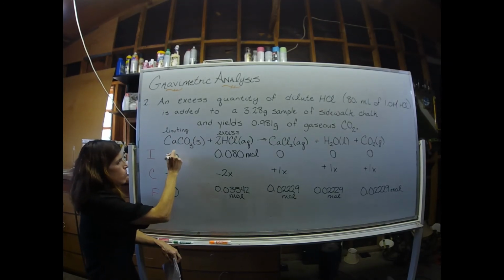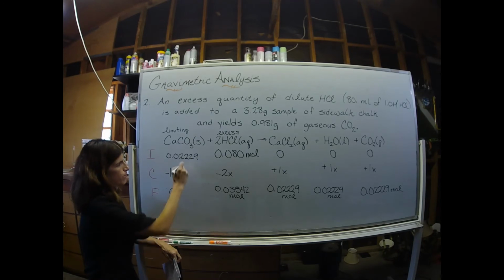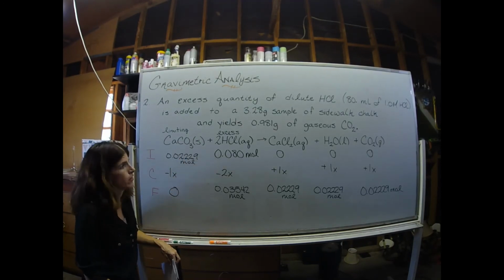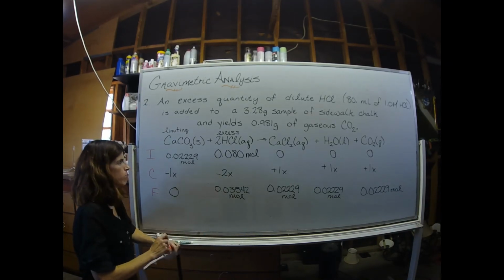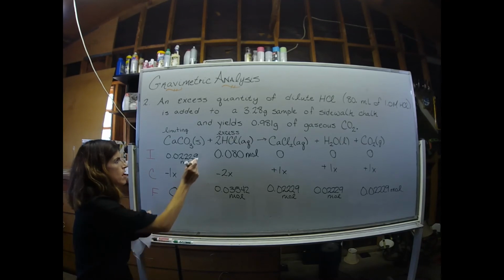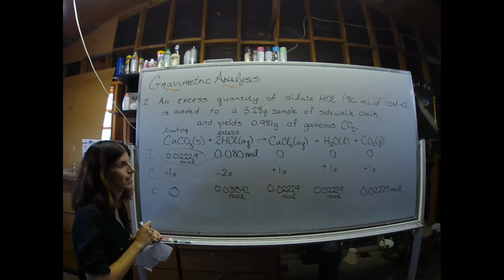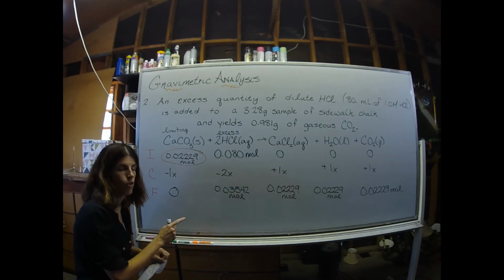So we're going to also put that 0.02229 up here. And that's going to give us the 0 that we need in our final line. So this right here, this is probably the most important takeaway from the whole table. This is the amount of calcium carbonate that's in the sidewalk chalk, but we're also going to solve for the other answers.